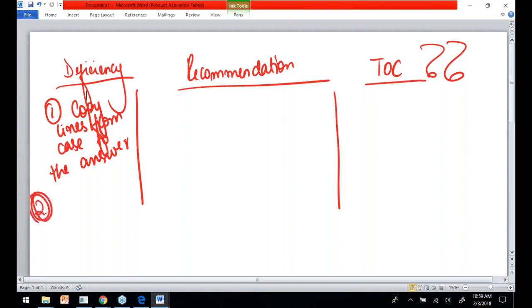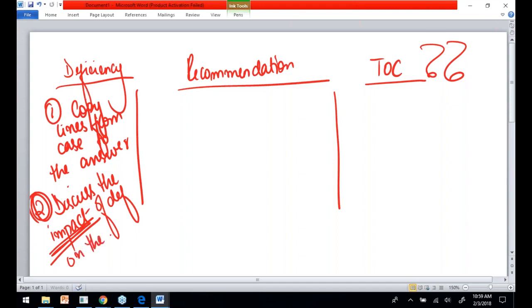The second should be to discuss the impact, and this is important, discuss the impact of the deficiency on the business. Always. And that's it.